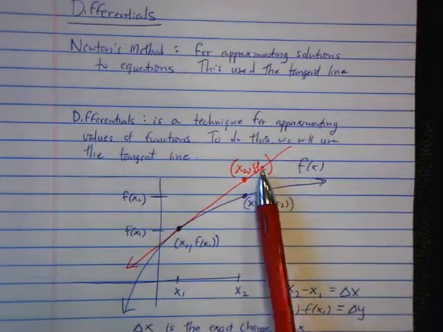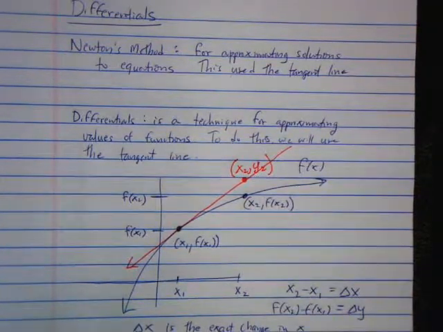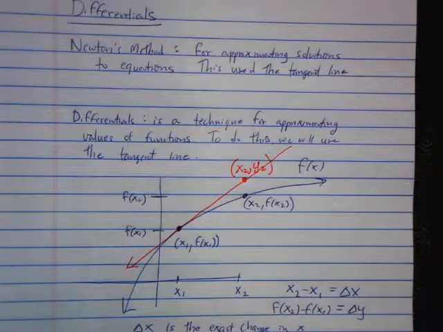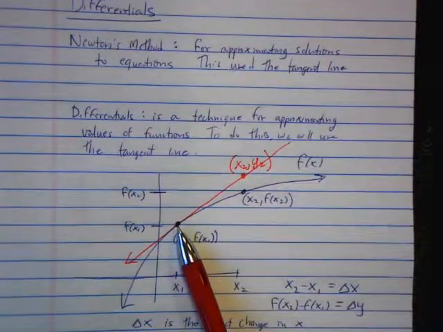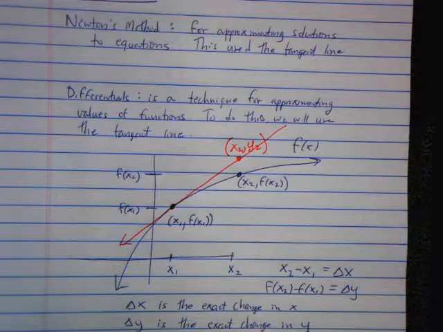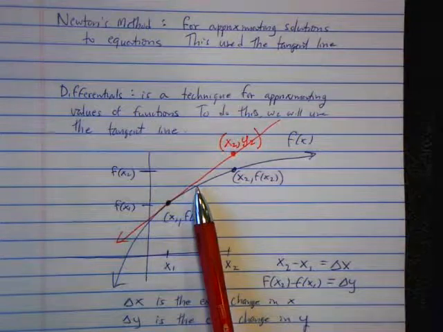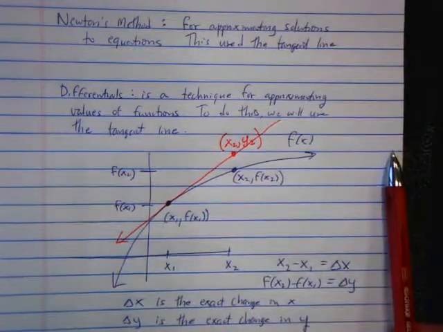When will the y2 value and the f at x2 value be fairly close to each other? Well, this one's a curve, and that one's a line, so they're definitely not going to have the same slope. At this given point, they'll certainly be good. What if I picked my x2 to be closer to my x1? Would my y2 and my f at x2 be closer to each other? Yes. What if I had picked my x2 to be way out here somewhere?